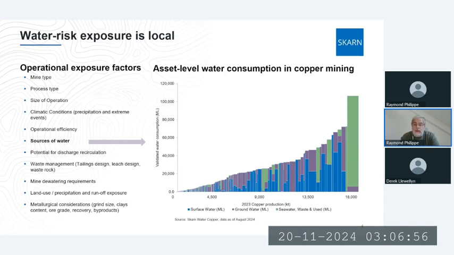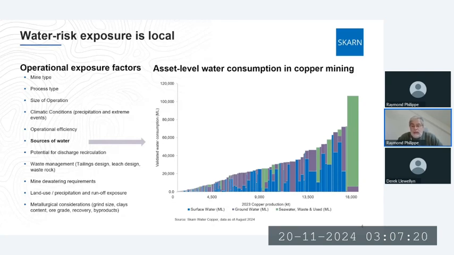What we have shown here on the right side is a data set of approximately 200 copper producing mines globally, where we have differentiated the types of sources that each of these mines is using, in this case in 2023, when it comes to surface water, groundwater, seawater and wastewater.